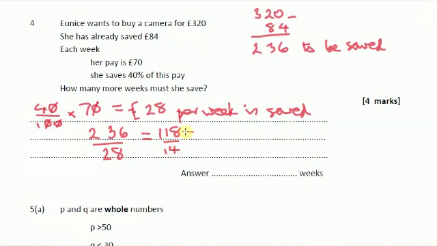I can divide by 2 again, I get 59 over 7. I can't divide by anything else. So 7 into 59 goes 8, 56, and 3/7. So 8 and 3/7 weeks she needs to save more. So she can't save 8 and 3/7. She has to save for 9 more weeks.